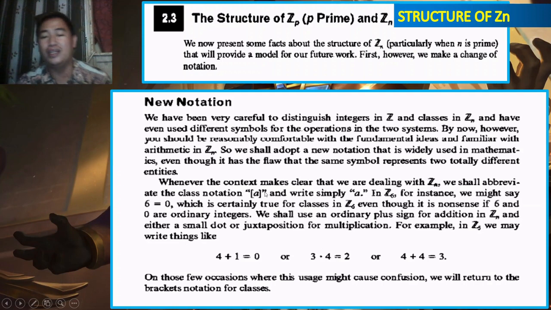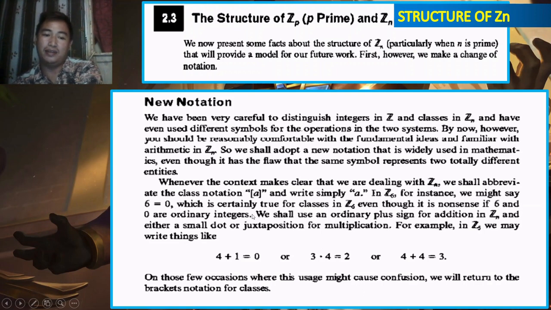Okay, so whenever the context makes clear that we are dealing with Zn, we shall abbreviate the class notation. Kani siya, ang bracket sa class nga a. Okay, this is the congruence class modulo n of a. Diba? And write this one a. Okay. In Z6, for instance, we might say 6 is equal to 0. O diba class.